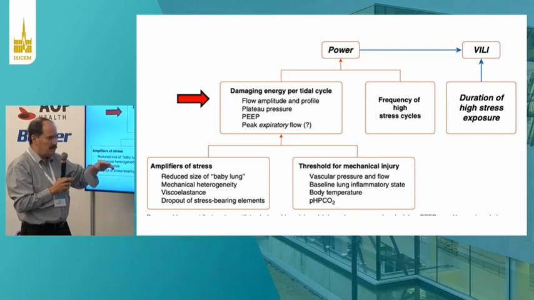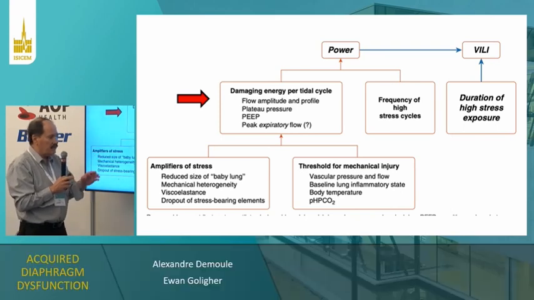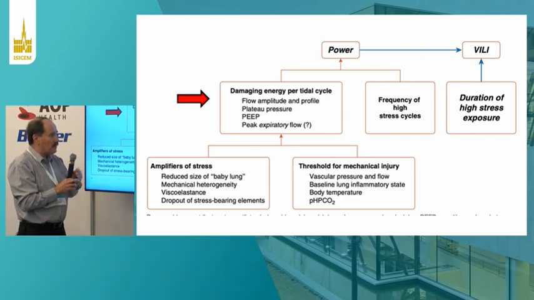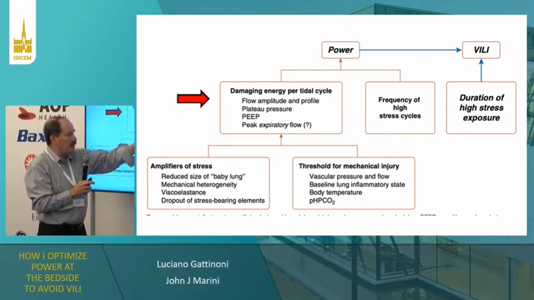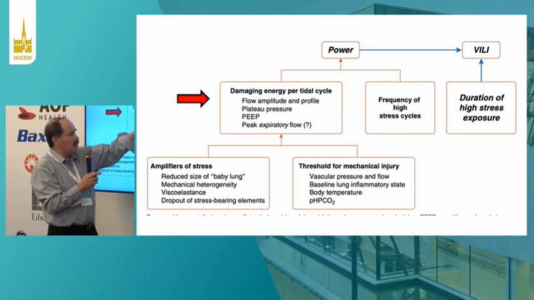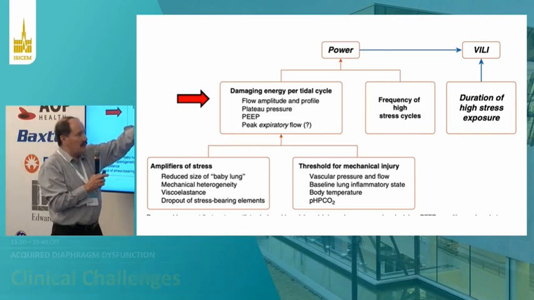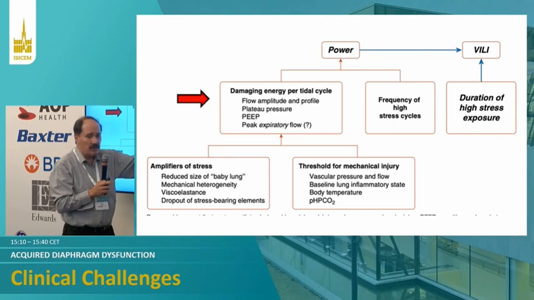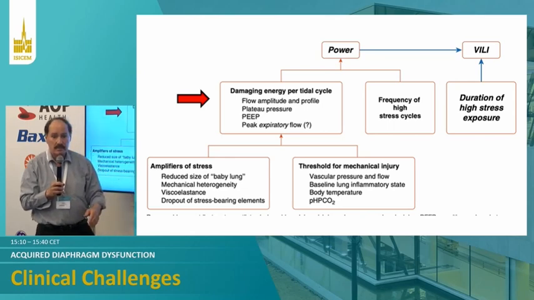But that's a fairly sophisticated topic that's still being explored. If you multiply those two together and you exceed a certain level of power, then apply it for a duration of high stress exposure, emphasis on high stress exposure, then you get ventilator-induced lung injury.